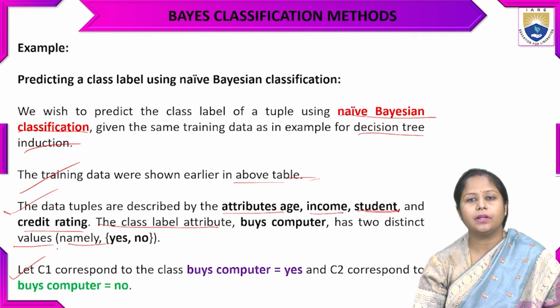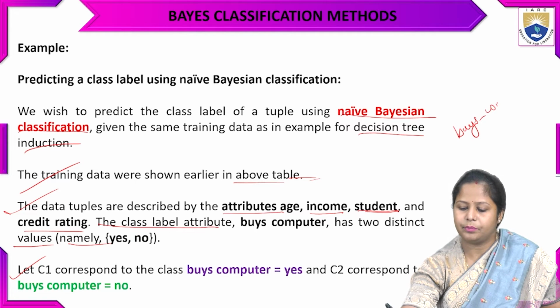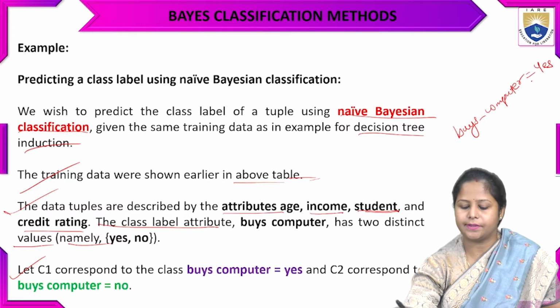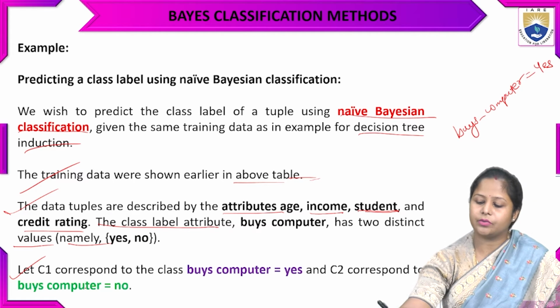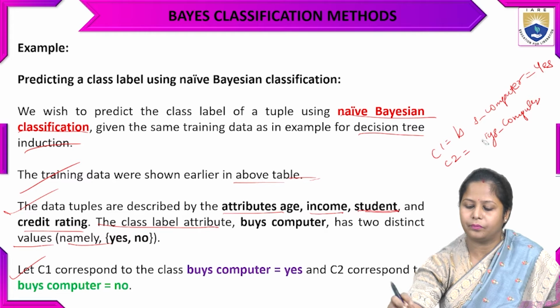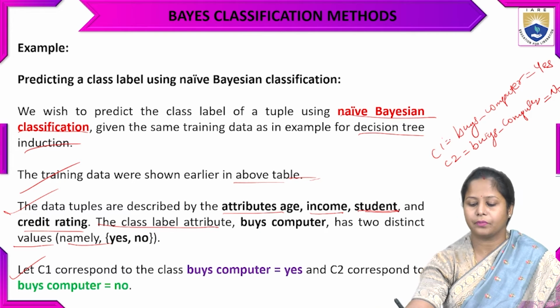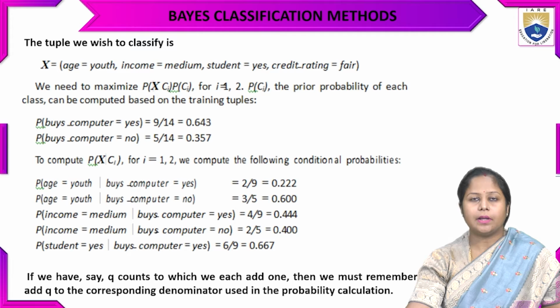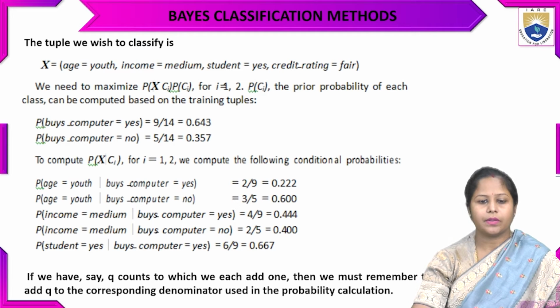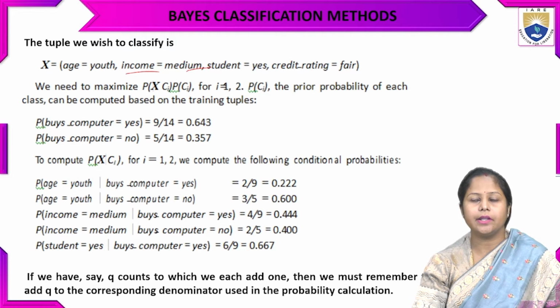Let C1 correspond to the class buys computer equals yes, and C2 correspond to buys computer equals no. So the tuple we wish to classify is X equals age equals youth, income equals medium, student equals yes, and credit rating equals fair.